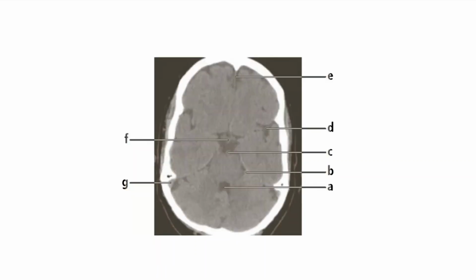What does this CT scan show? This CT scan shows blowout fracture of left orbit. This is a blowout fracture of left orbit.